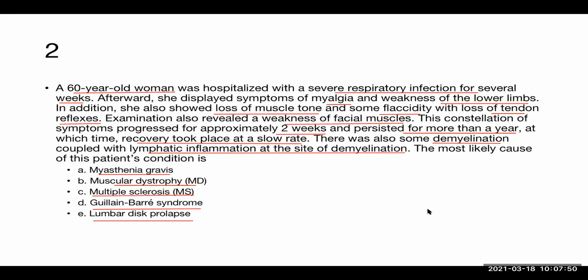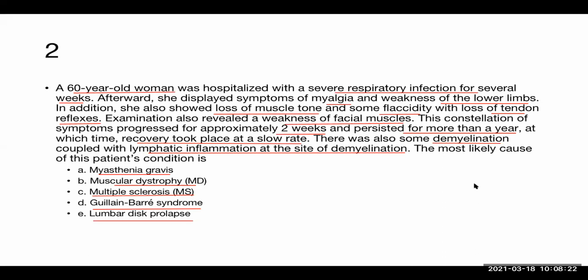Good. Anything else you want to say? Very good. The reason you have given is absolutely nice. Okay, Amro has spoken. Anybody else? Yes, Yunus. Sir, she is female, and the gender is also important because GBS is an autoimmune disease which occurs mostly in females and is also precipitated by infection.